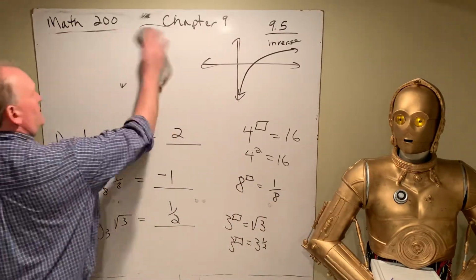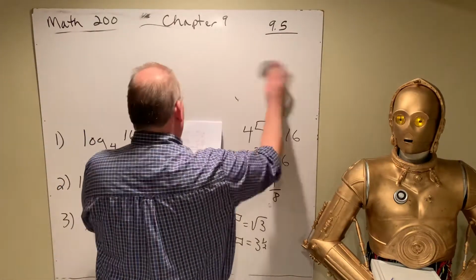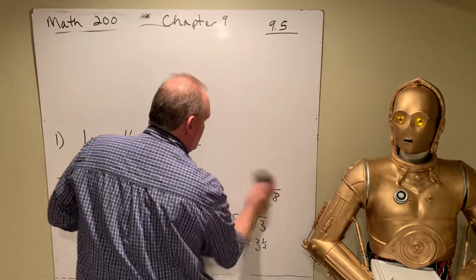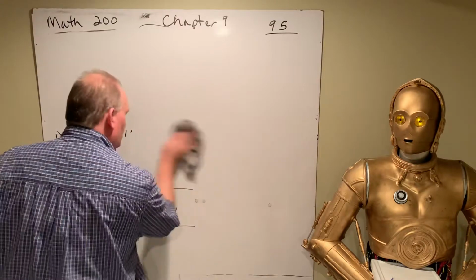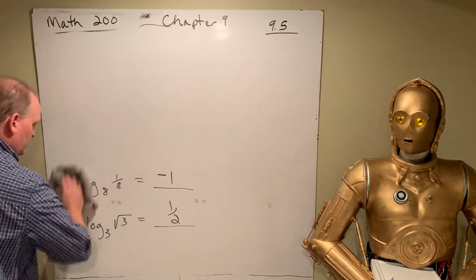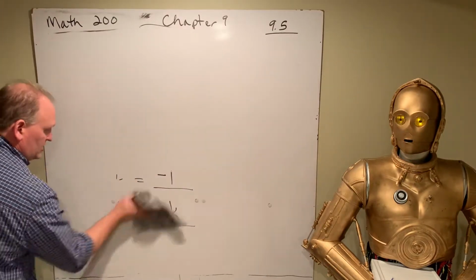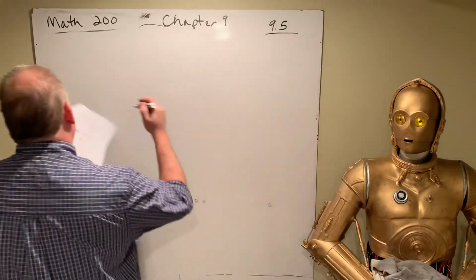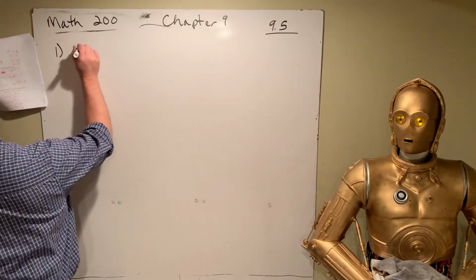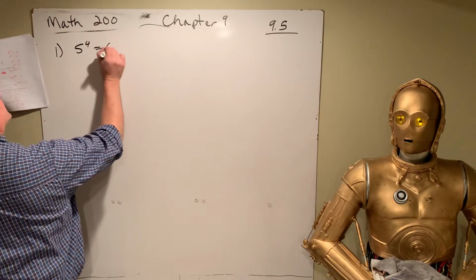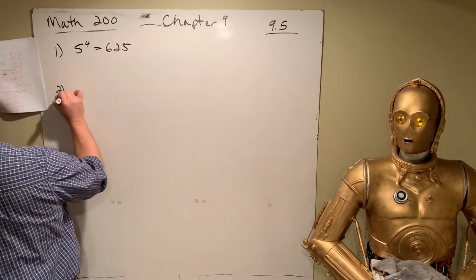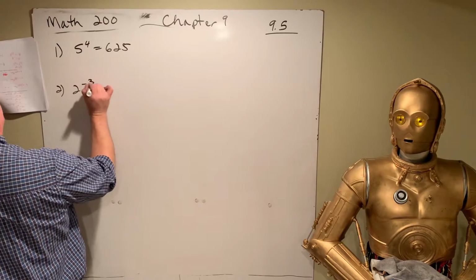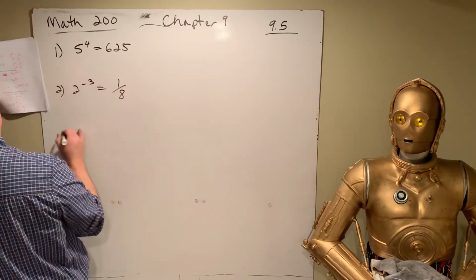Okay? So now let's take a look at writing things that we know to be true into logarithmic equations. So check it out here. 1, 2, 3. 5 to the 4th equals 625. 2 to the -3rd equals 1/8.